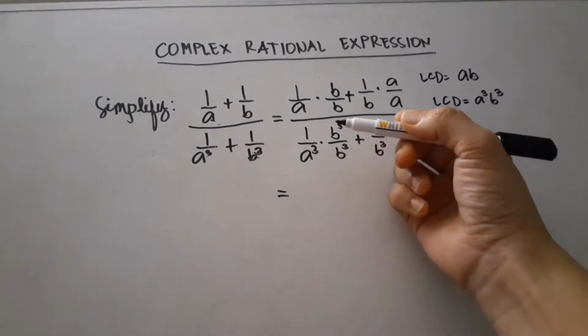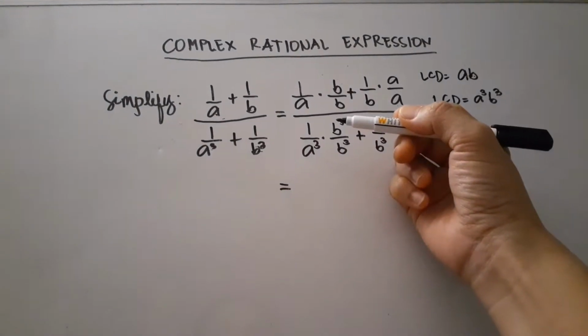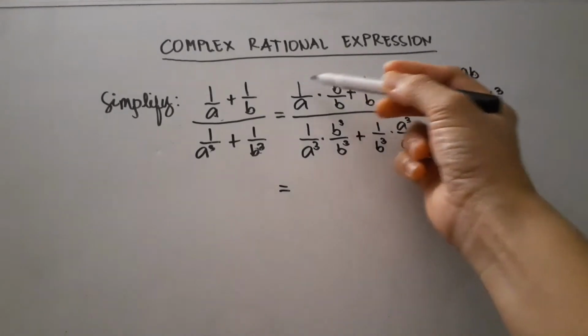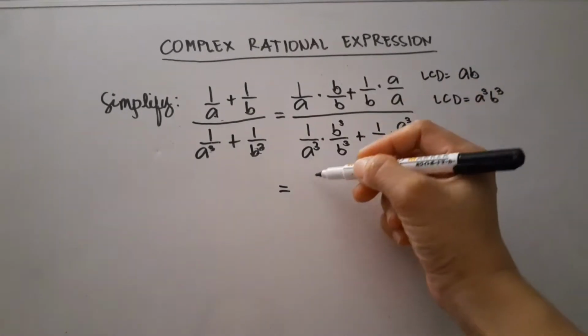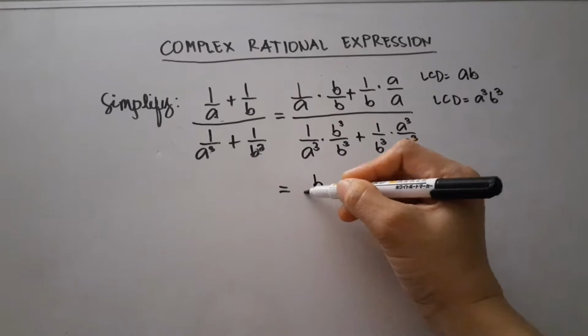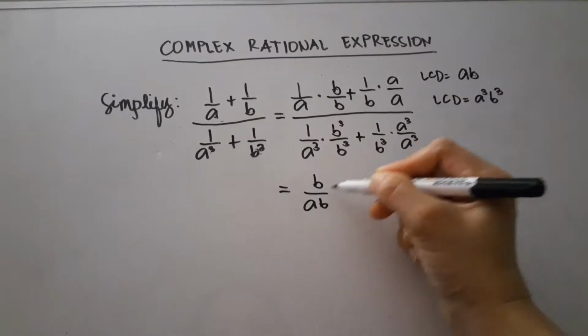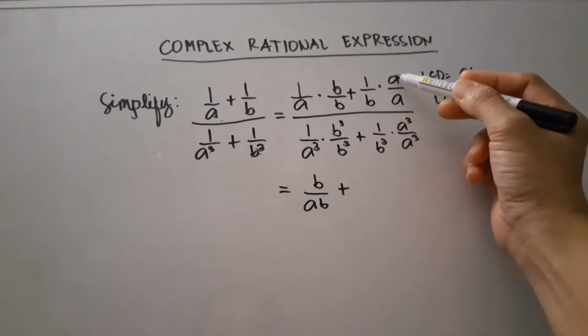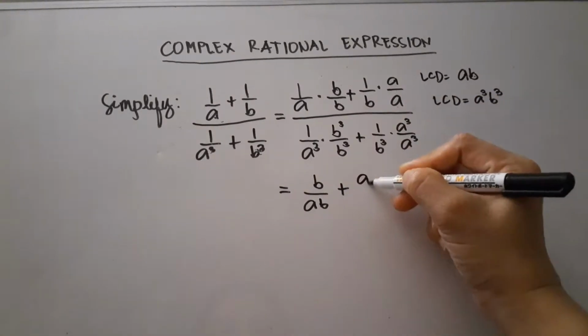And then we multiply each term, so we have 1 times b becomes b, and then our denominator is ab, and then 1 times a becomes a.